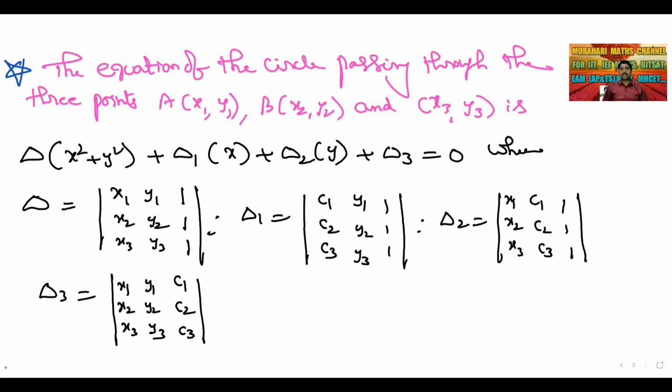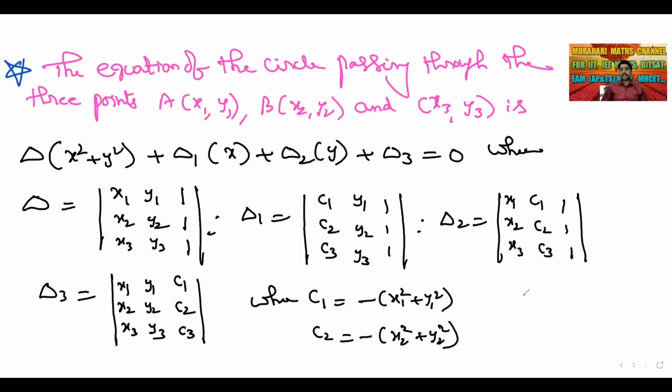So Δ1, Δ2, Δ3, where C1 is equal to minus of (x1² + y1²), C2 is equal to minus of (x2² + y2²), and C3 is equal to minus of (x3² + y3²). Okay, where x1, y1, x2, y2, x3, y3 come from the points given.